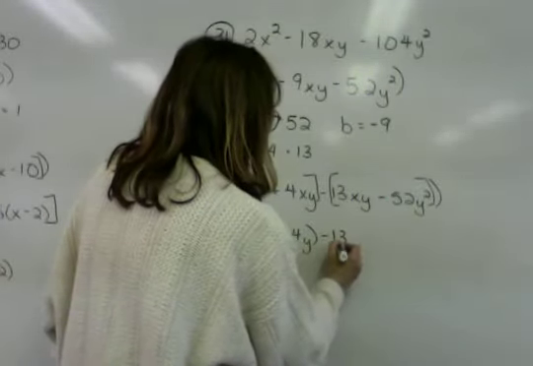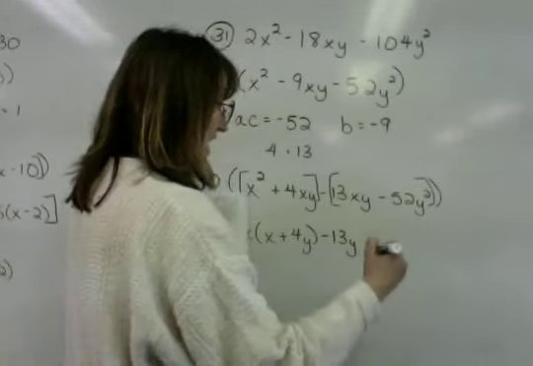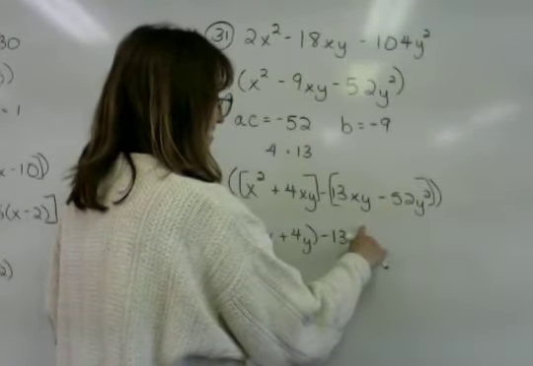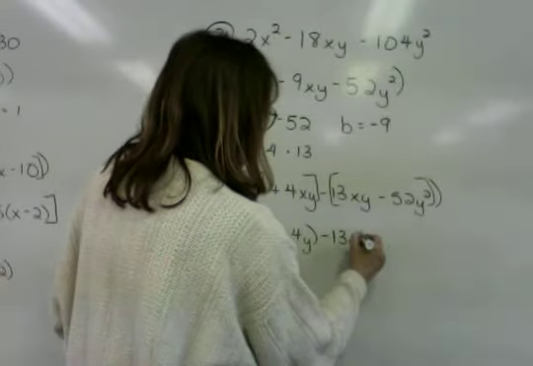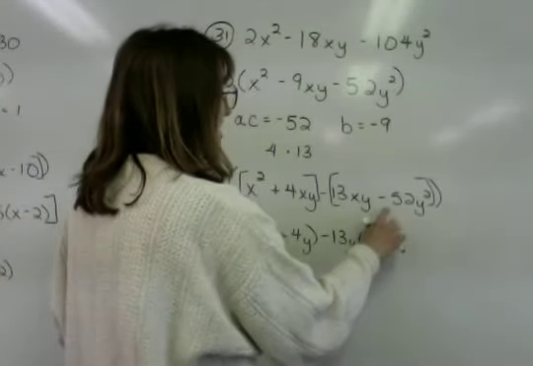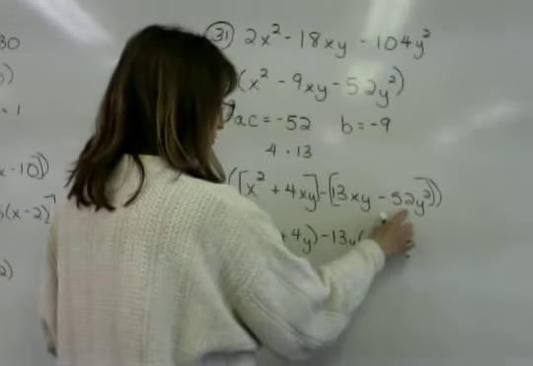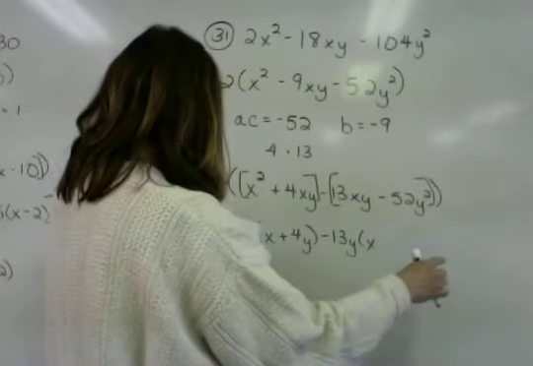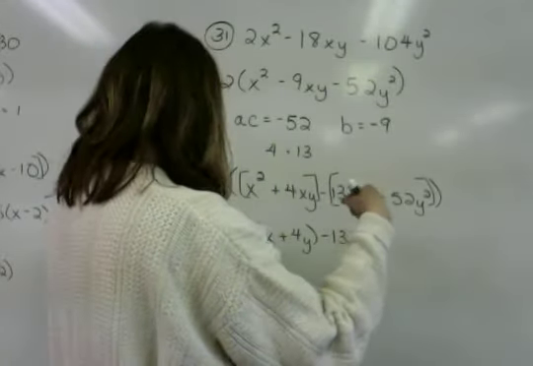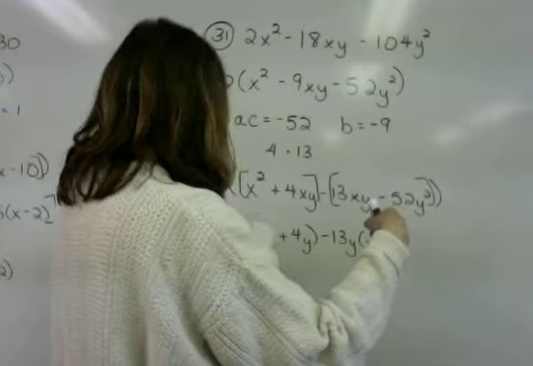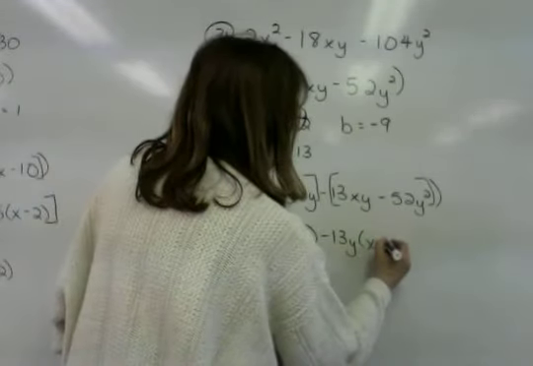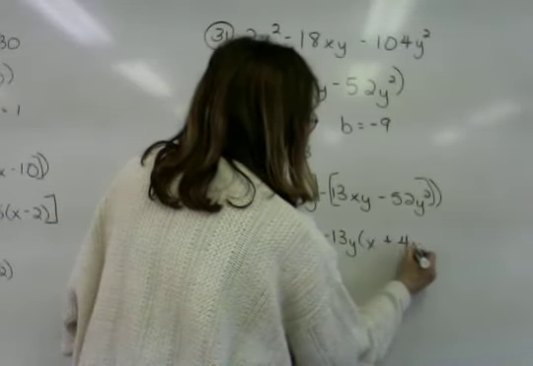So go ahead and factor out the 13y. 13xy divided by 13y is simply going to become x. The negative 52y squared divided by that 13y is going to end up becoming a positive 4y.